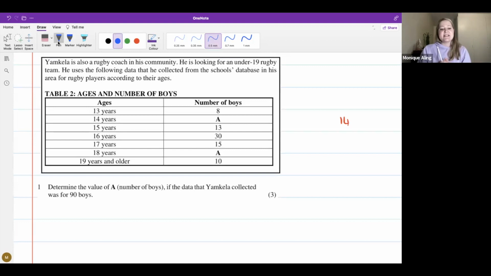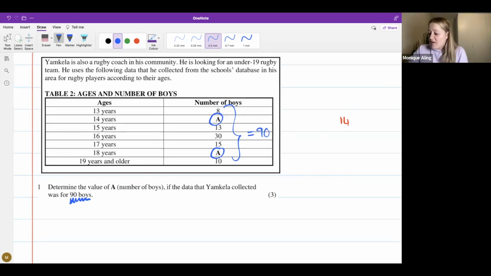What they said is determine the value of A, which is the number of boys. We're missing the number of boys here and here. What is the value of A if the data collected was for 90 boys? That was our clue there, 90 boys. So if I add all of these up together, it should equal 90.